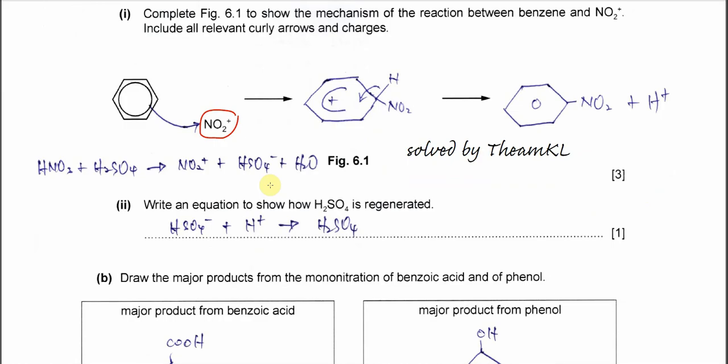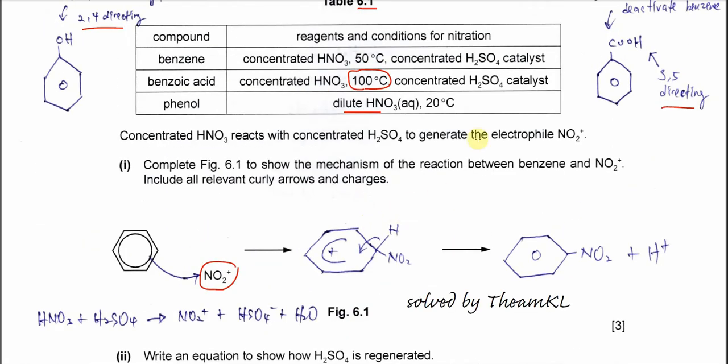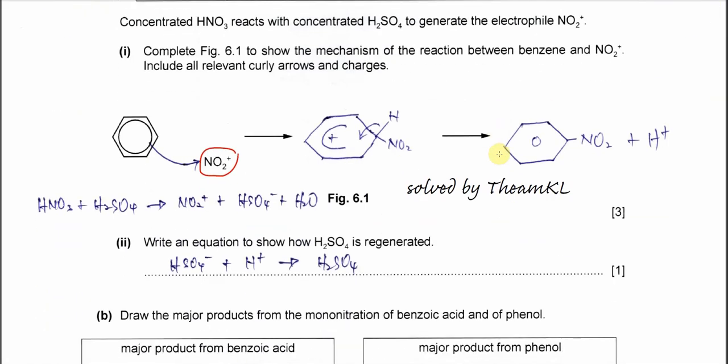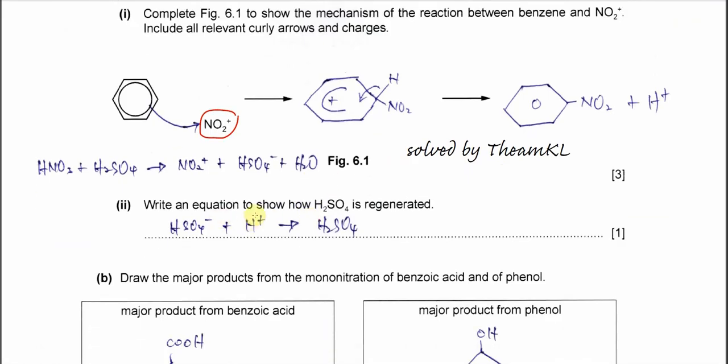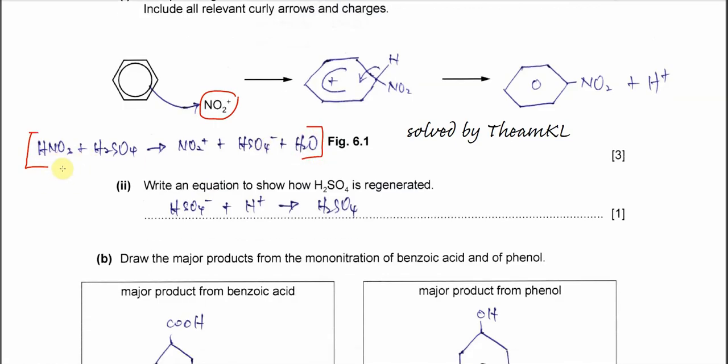Part 2. Write an equation to show how H2SO4 is regenerated. Because I already told you that H2SO4 is a catalyst, it means it can be regenerated. So how to regenerate? Before you answer this question, you must first know this equation. When we use concentrated nitric acid and concentrated H2SO4, when they react, it will form the nitronium ion.